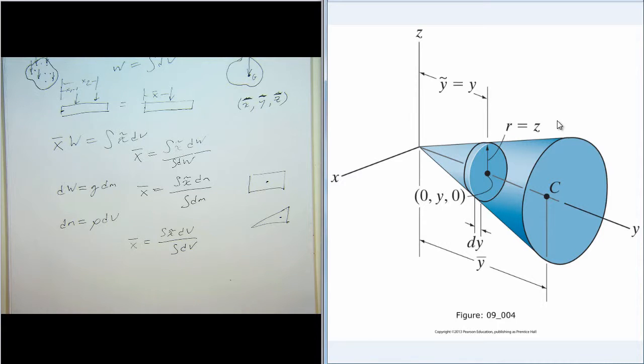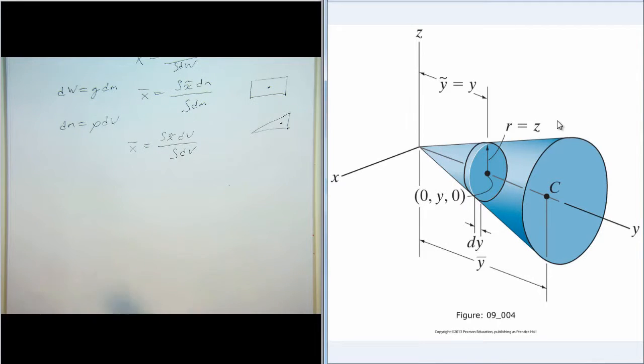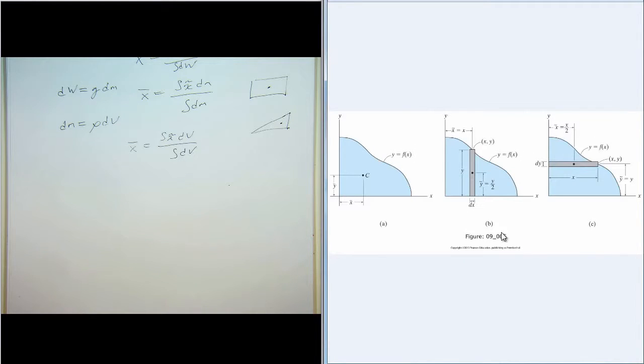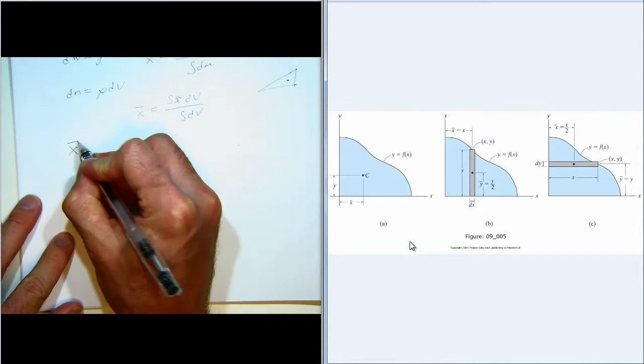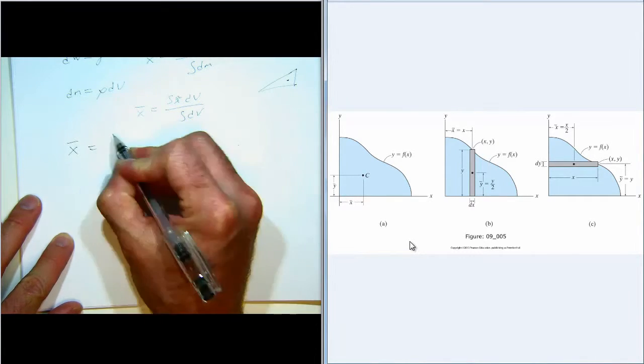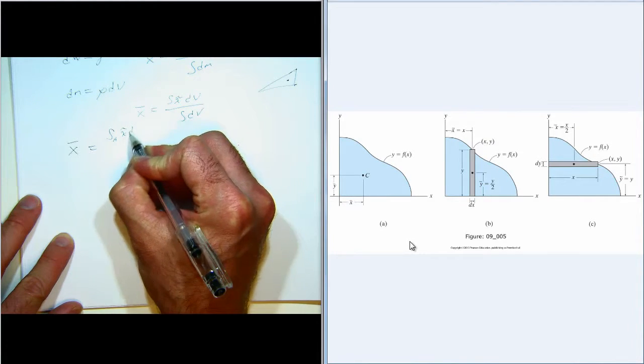We'll often want to find a centroid of an area whenever we're dealing with mechanics. And so here's an area, and we want to find the location of its centroid, x bar and y bar. And we can use this equation: the integral over the entire area of x tilde dA.